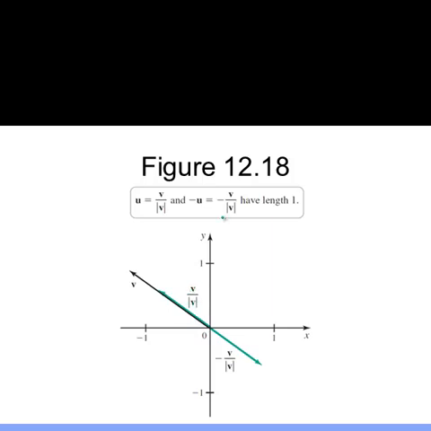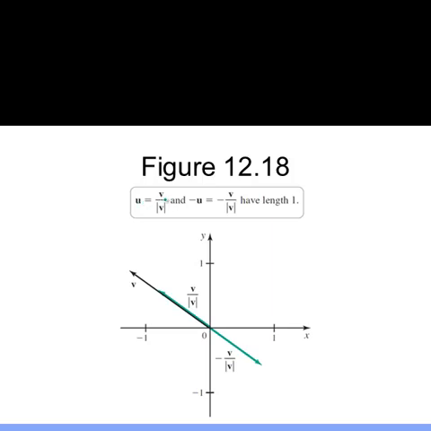Now, remember that the magnitude is just a number. And then you take the reciprocal of that magnitude, which is just a number. So when you multiply vector v by the reciprocal of the magnitude of vector v, you're just multiplying vector v by a scalar such that the resulting vector will be a unit vector.